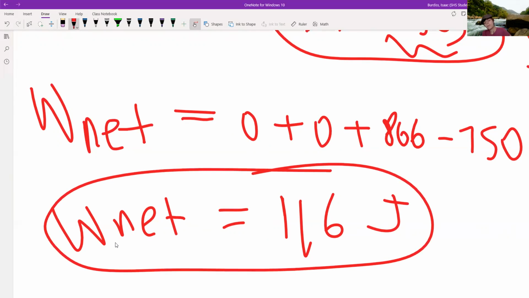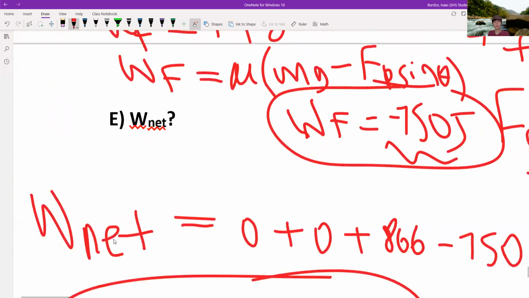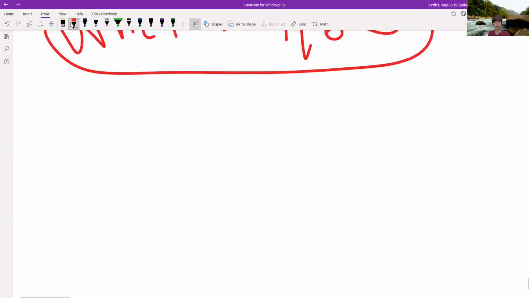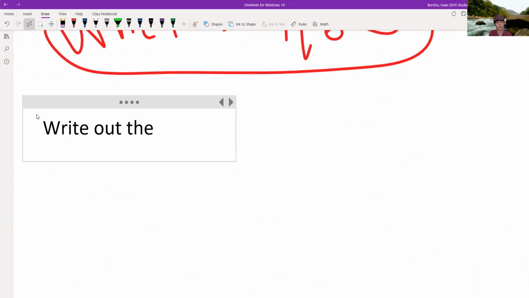So that is it for the work unit. And something to keep in mind, this is why I wanted to add this problem in here, because things get a little bit confusing. But just remember, for the harder ones, it may take more than one step. So write out the steps. Remember what I did for that one, the 6 steps.